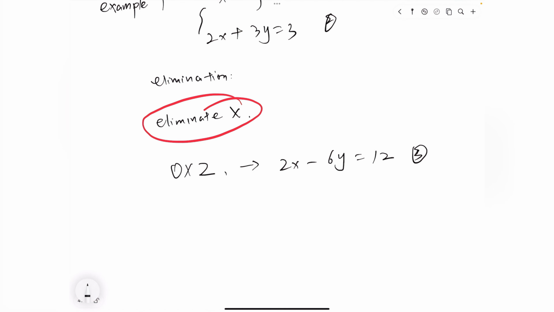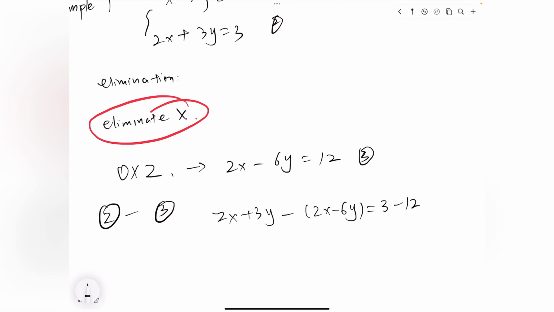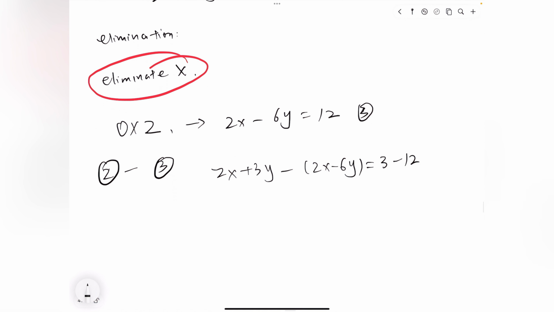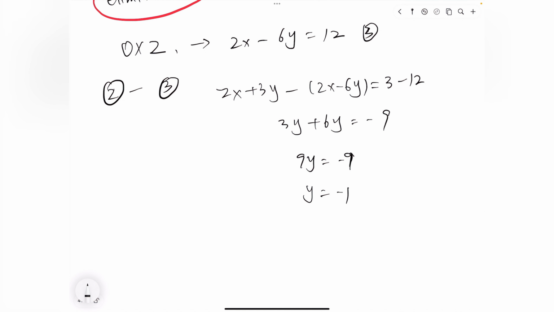Then we can use 2 minus 3. We get 2x plus 3y minus 2x plus 6y, right, subtract, 3 minus 12. So we get 3y plus 6y equals negative 9. 9y equals negative 9. y equals negative 1.